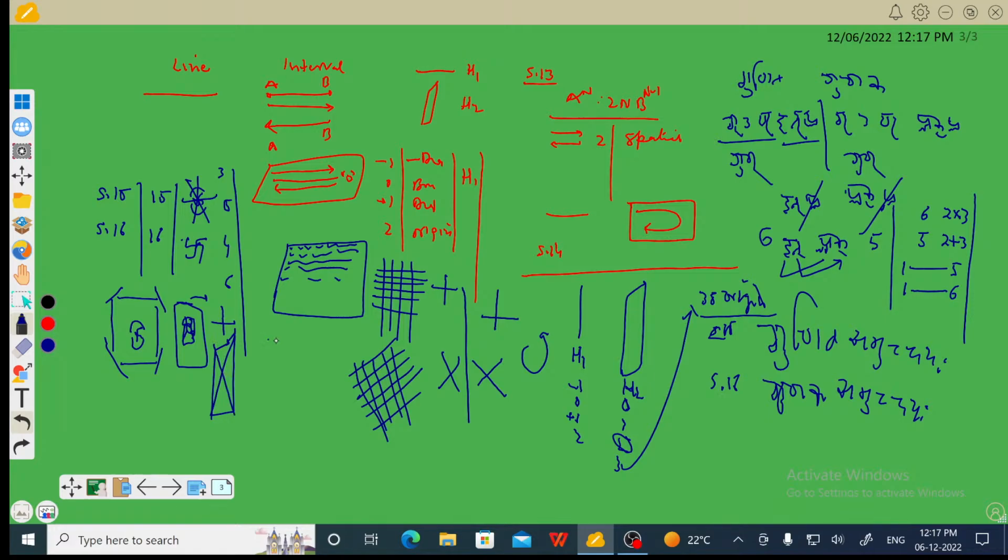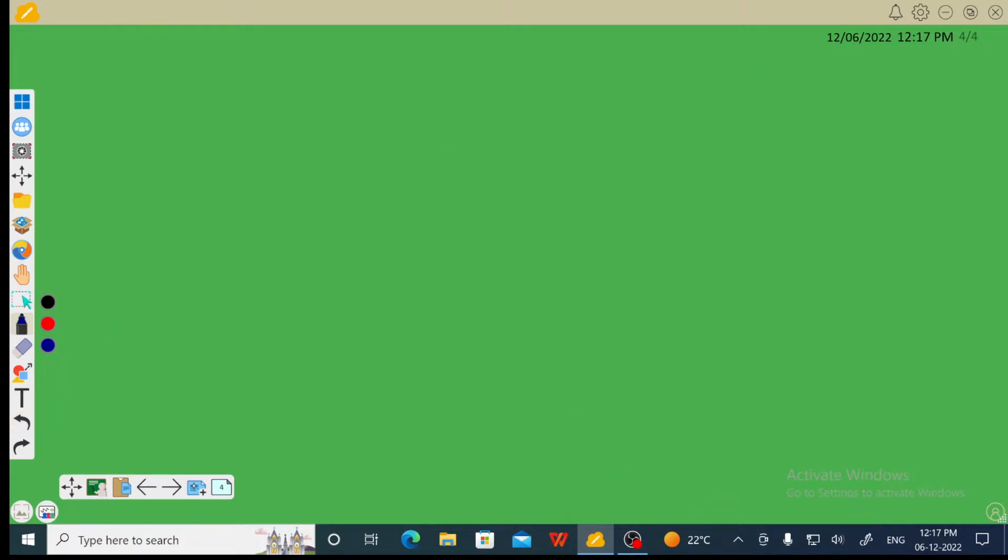So the addition and multiplication that way become the formats for Sutras 15 and 16. Let us again have a pause here.